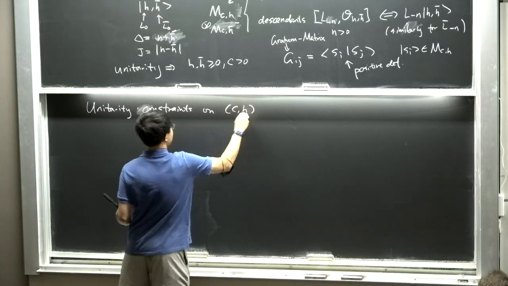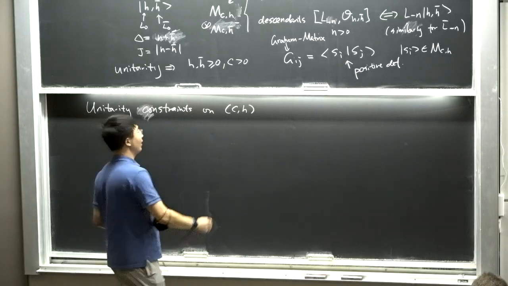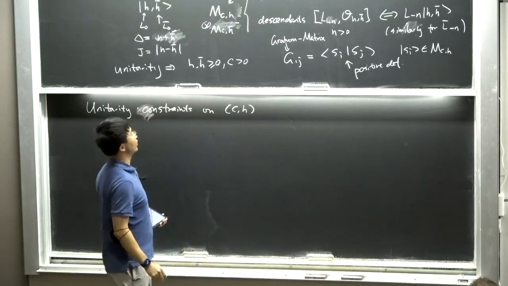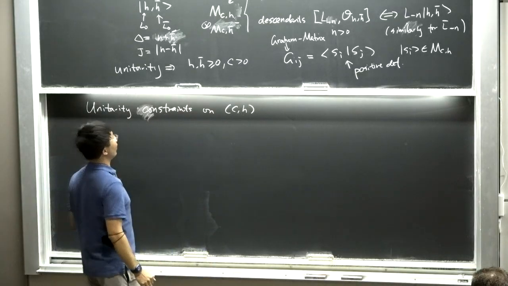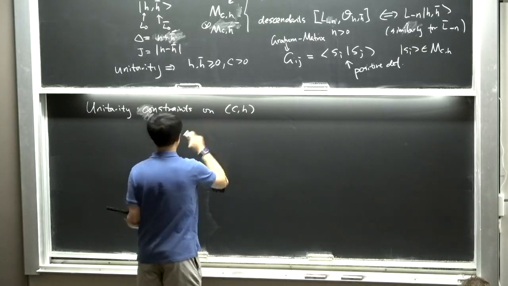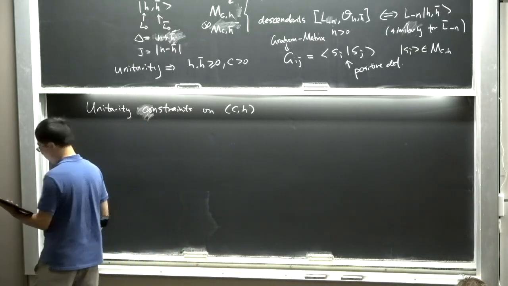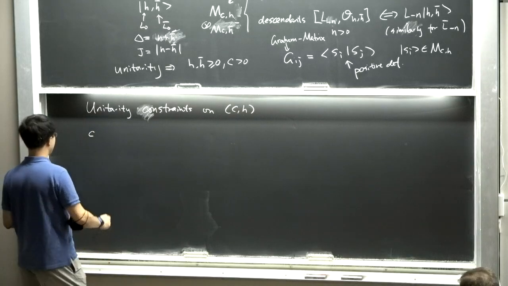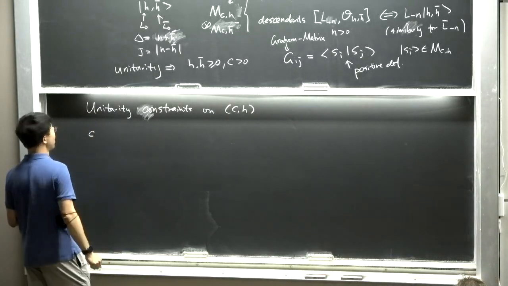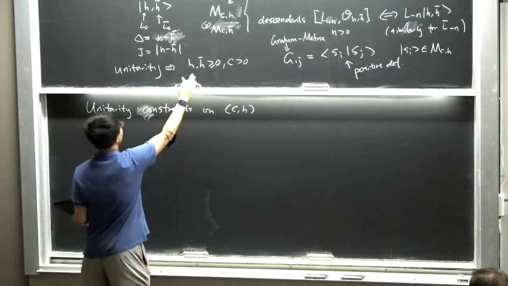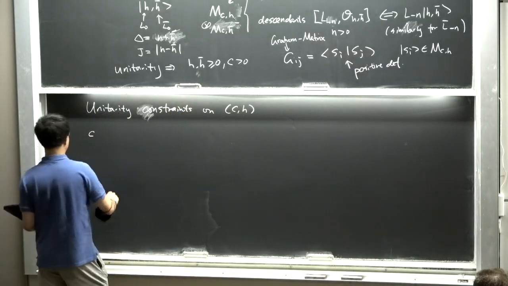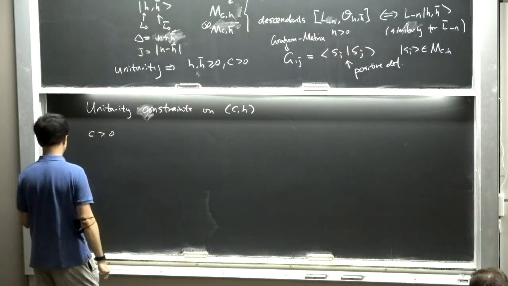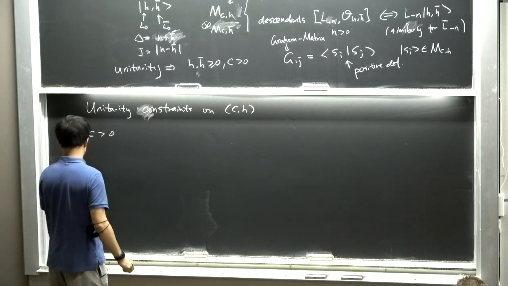There will be some constraint on the conformal dimension or scaling dimension of the operators that may depend on the central charge. There's a very simple constraint, which is what I already wrote over there. It's generically true for c bigger than 0.